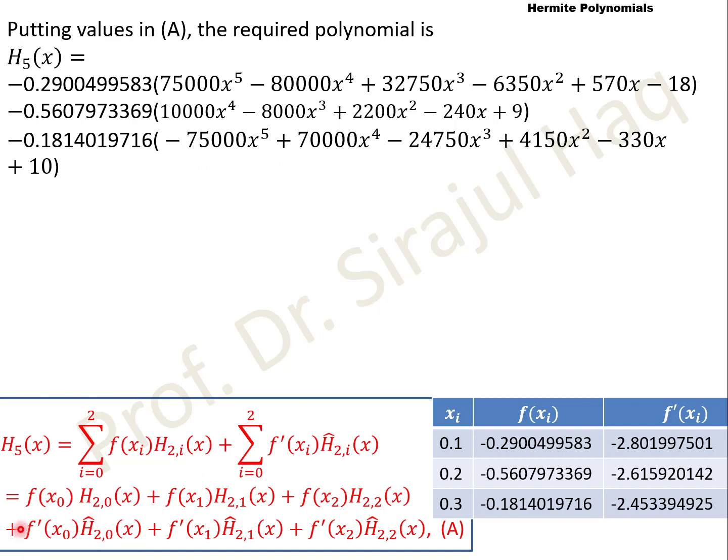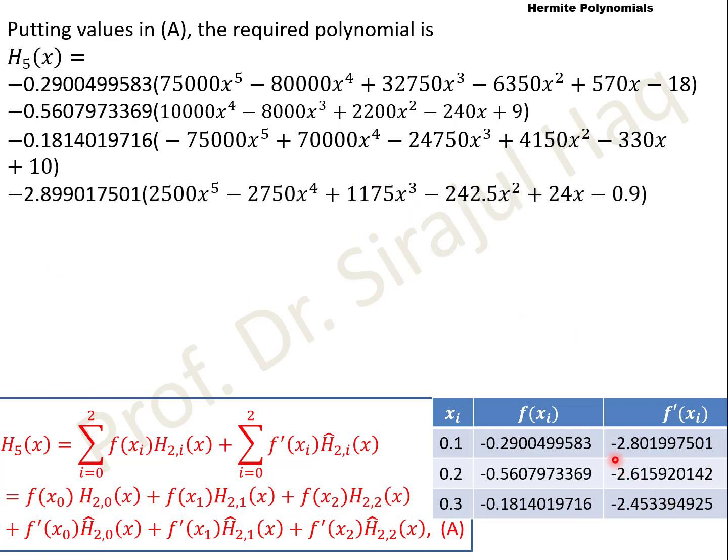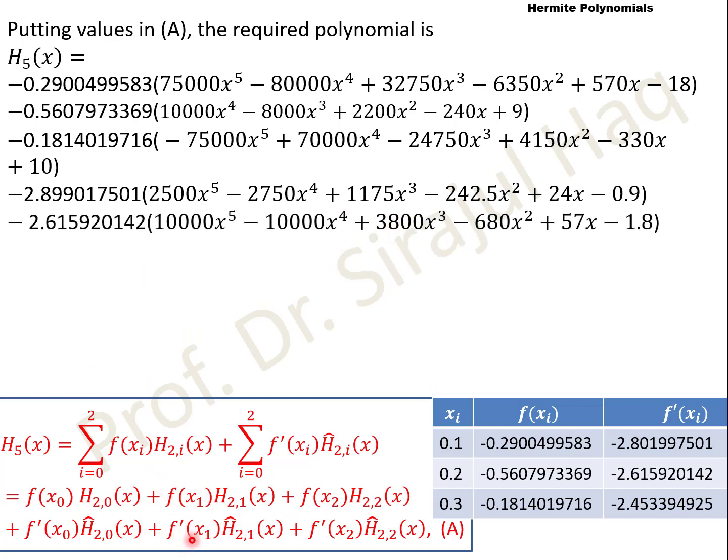Now let's come to the second summation. f prime of x naught is given by this value, written over here, minus 2.899017501. Multiply by this, the value of h2 naught hat, plus f prime of x1. f prime of x1 is minus 2.61592012142, which is this value.